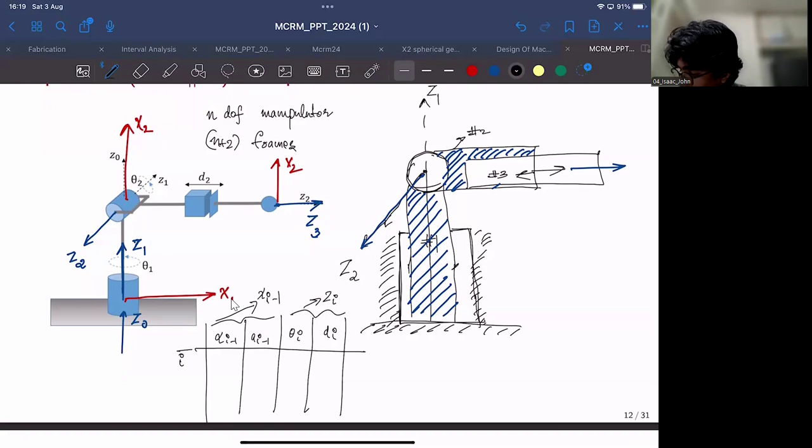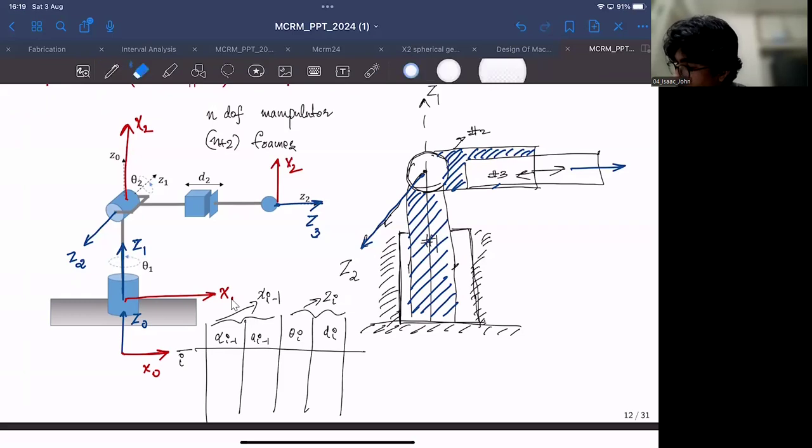Okay, so we also need to fix x0. For convenience, I choose it to lie parallel to x1. So what would be the transformation between the 0th frame and the first frame?